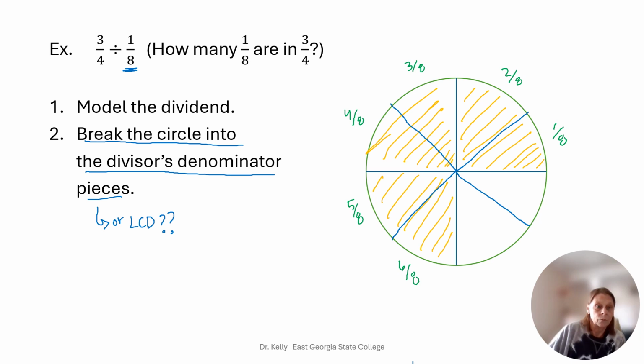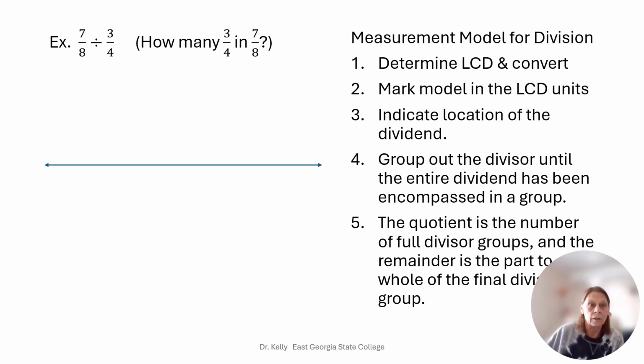So 3/4 divided by 1/8 is equal to 6, because there are 6/8. Okay. All right.